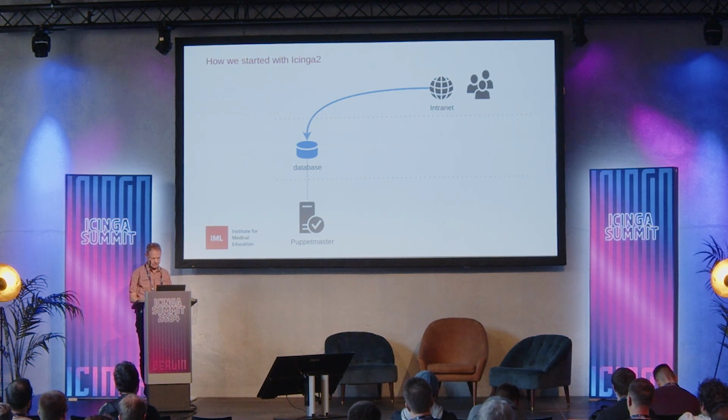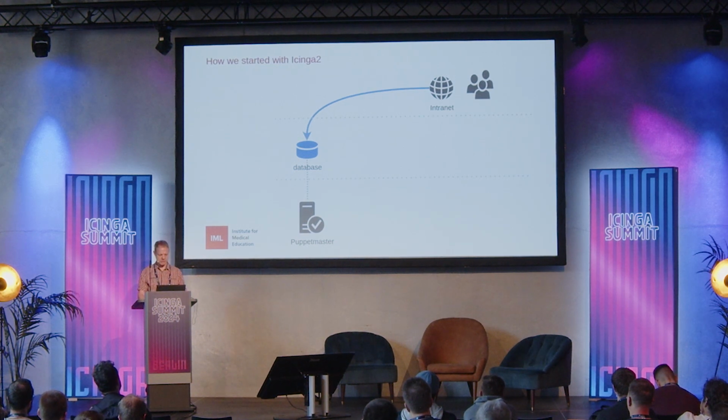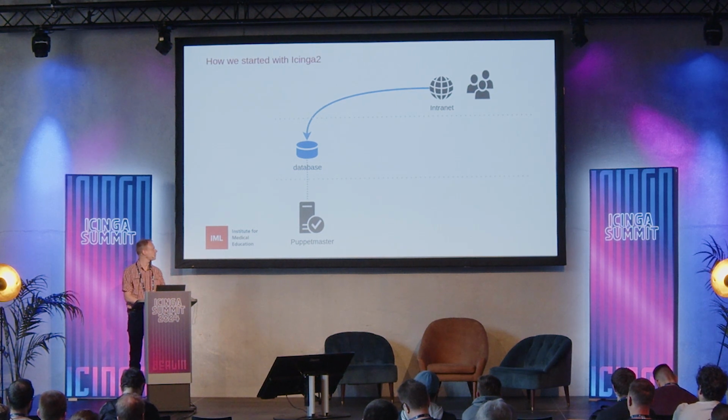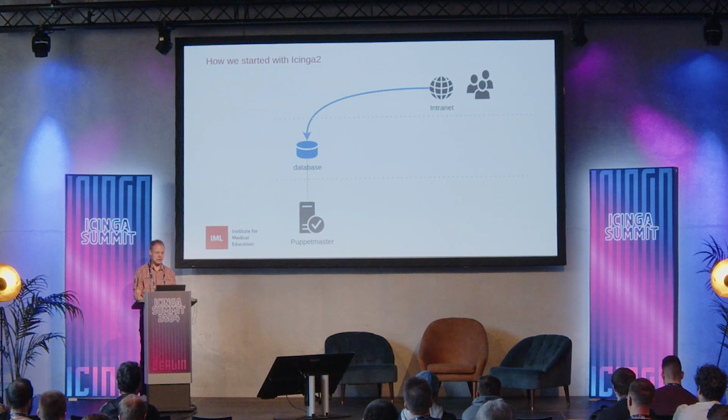The first use case for our Puppet Master was to put the SSH key of a user on the right target system, so we built a link for the Puppet Master to access the database to roll it out. And once we had the link to the database, we started to put more information into it, like our monitoring checks.